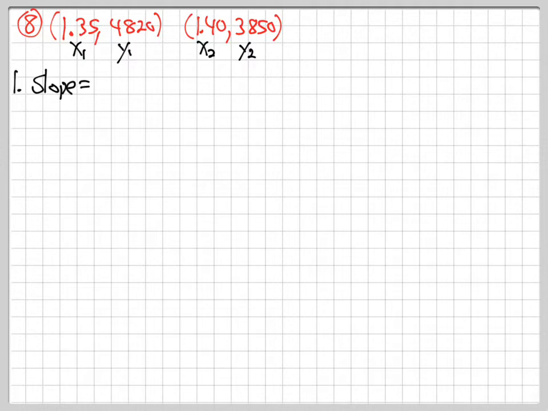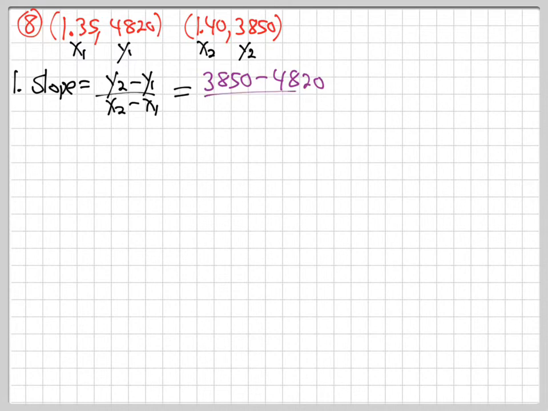So step 1, slope, y2 minus y1 over x2 minus x1. So y2, 38.50 minus y1, 48.20 over x2, $1.40 minus x1, $1.35. Those are big numbers. Use your calculator.